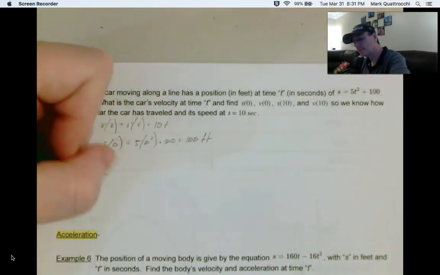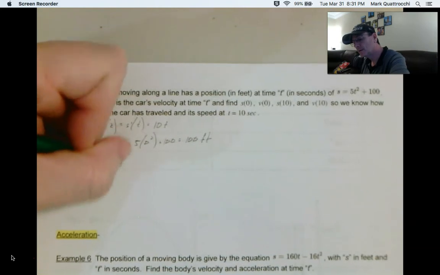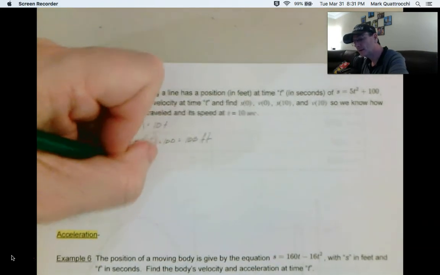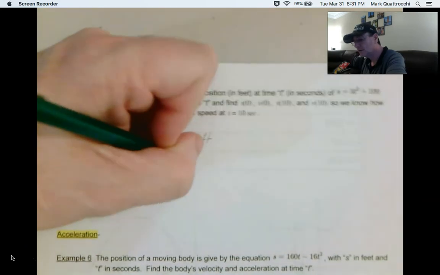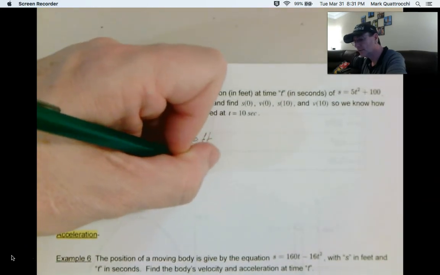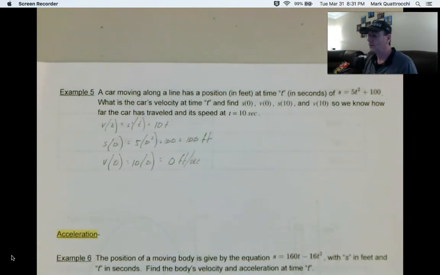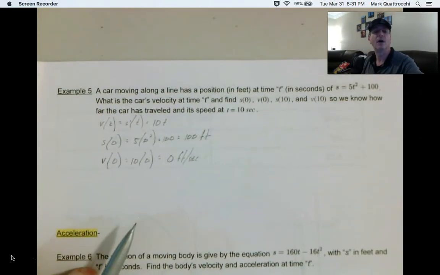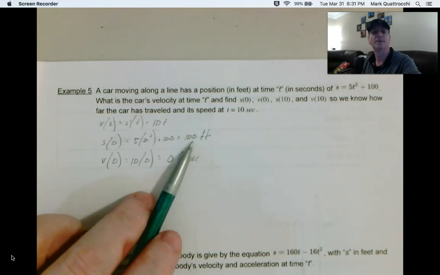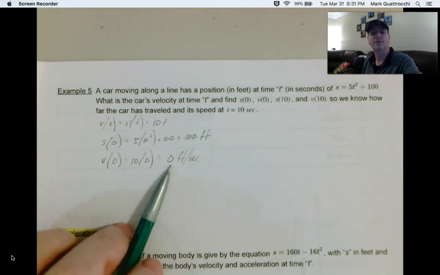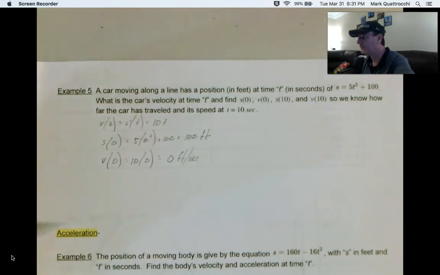V of 0 is equal to 10 times 0, or 0 feet per second. So this car starts at the 100-foot mark. That's its position. It starts with an initial velocity of 0. It's not moving when the clock starts at 0.